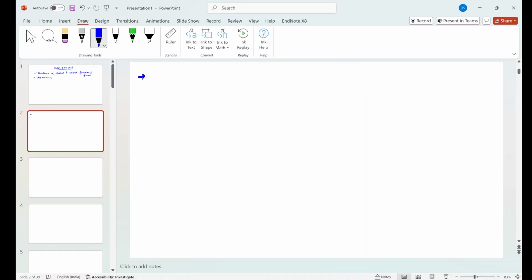So let us start. As you know, alcohols typically have the chemical formula R-OH, and their properties pretty much resemble water.